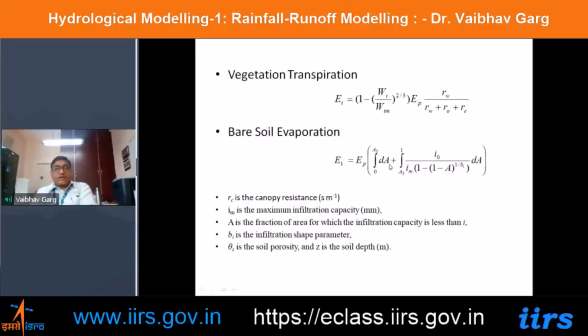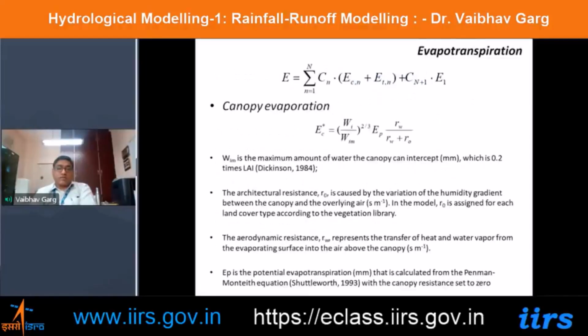If you integrate over the particular area, then you can calculate the bare soil evaporation. If you take the sum of all three: bare soil evaporation, vegetation transpiration, and canopy evaporation, you will get the total evaporation. That is what I am trying to convey. That total evaporation is the sum of the canopy evaporation, evapotranspiration from the vegetation, and the evaporation from the bare soil.